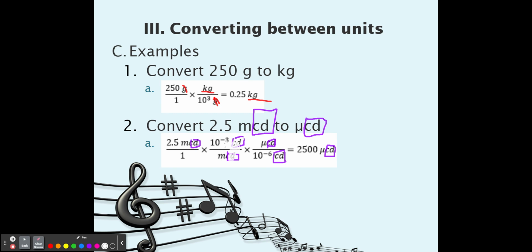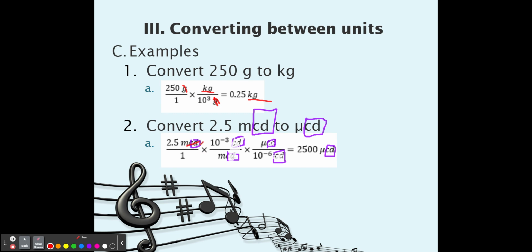And you can get that from your chart, 10 to the negative third. All right, and then over here I can do the same thing. I've got candela in my numerator, candela in my denominator, but I still have micro in my numerator because I'm not trying to stop at candela, I'm trying to get to microcandela, so I had to do a second step. Since I have micro in the numerator, I'm going to put 10 to the negative 6, which is what micro equals, in the denominator.